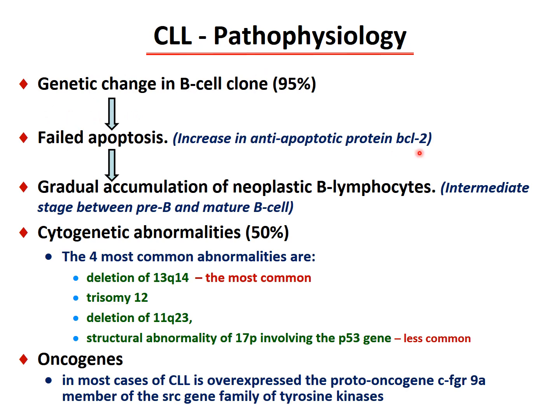As we mentioned, the anti-apoptotic protein BCL2 level increases, and that's the new treatment, where they apply anti-BCL2 treatment for this patient. And gradually, slowly, the lymphocyte count accumulates in the periphery or in the bone marrow.